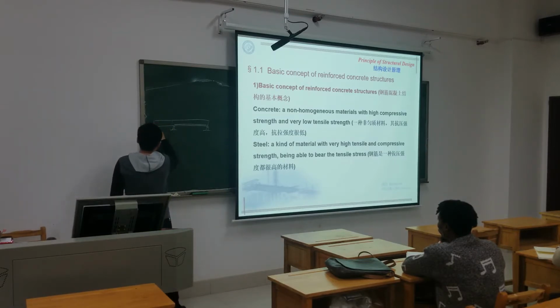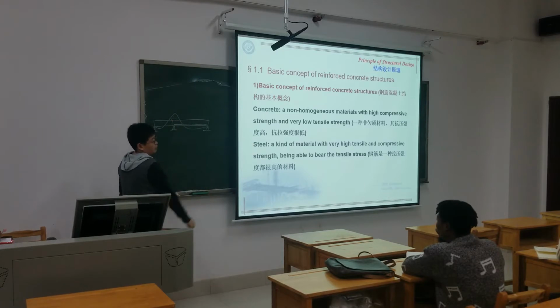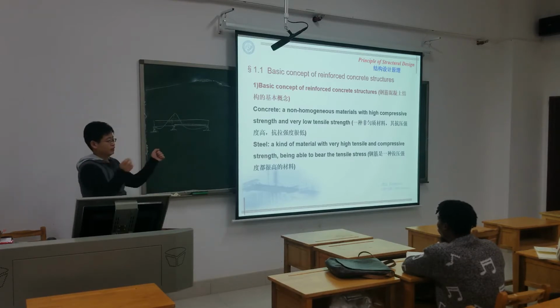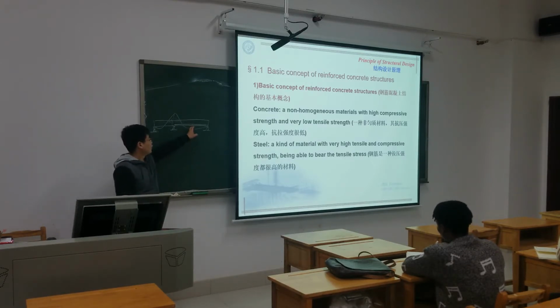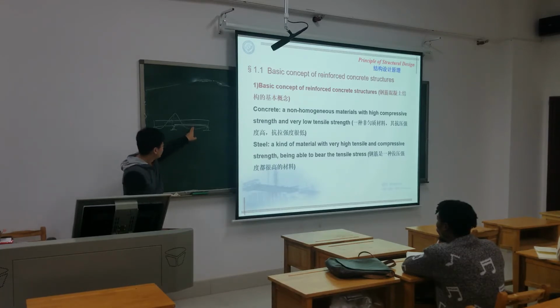In some situations, like a continuous bridge, here we see a negative moment. Then at this position, we should put some steel to resist the tensile force. It depends on the position, what type of force or moment you need to resist or bear: tensile or compressive.